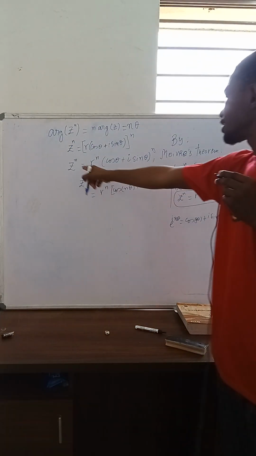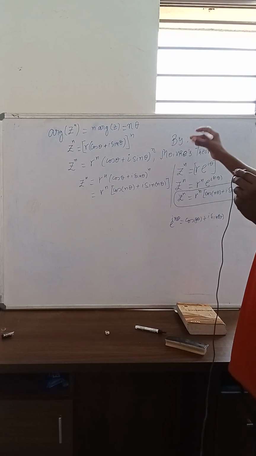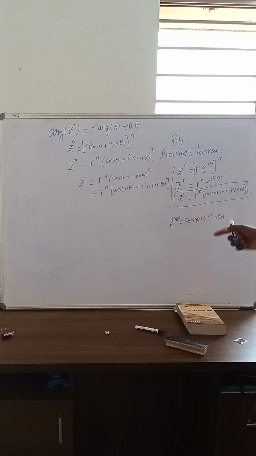So you come here, just solve this one, and you check whether you do it by De Moivre's theorem, or you can just come here by using the third form to represent an imaginary number. Then you can directly make it happen by Euler's theorem. Just like this.